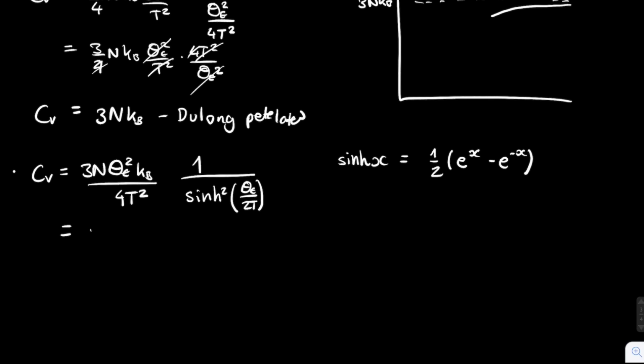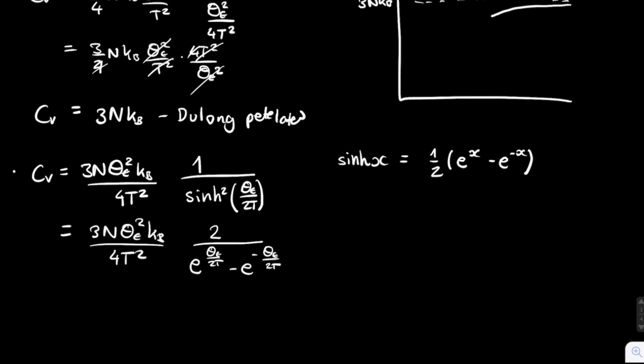So let's go ahead and just rewrite this. I haven't done any approximations yet. We're going to get all that, and instead of sinh, I'm going to simply write 2 over e to the theta_E over 2T minus e to the minus theta_E over 2T.